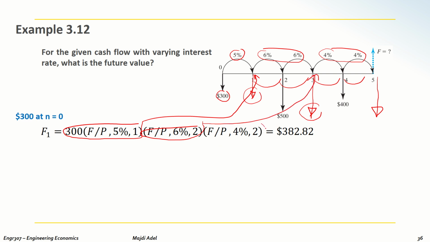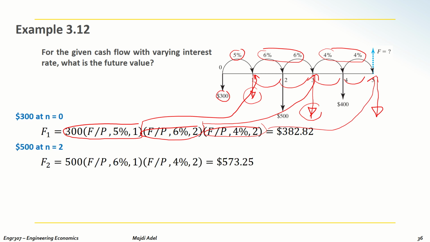And if I multiply it by calculate F given P at 4% and 2 years, it's going to be the equivalent value of the 300 at n equal 5. The answer is $382.